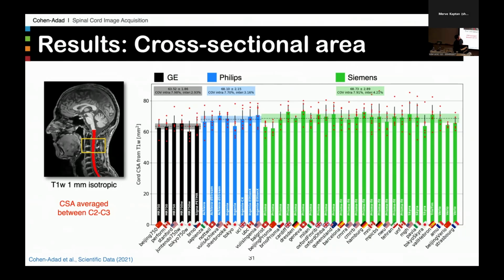What I find quite relevant is the inter-site variability. Because assuming that the variability across subjects is smoothed out, we could then get a COV which is quite remarkable, and it indicates how sensitive you could be to detect a subtle atrophy of the spinal cord.